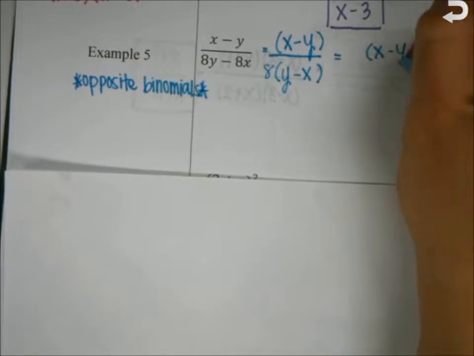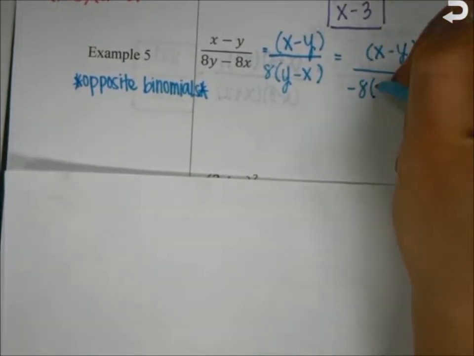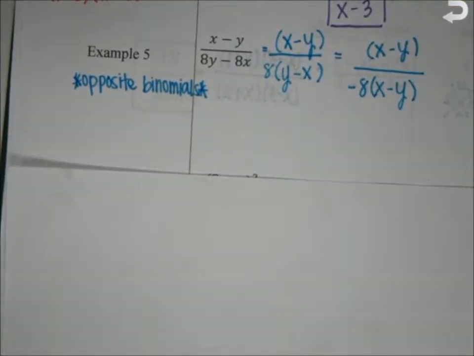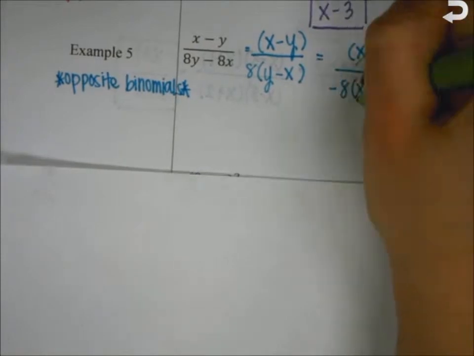Does that make sense? Okay, and then now what can cancel? The x minus y's. So if I cancel out the x minus y's, what's left in the numerator? A 1 all over negative 8.